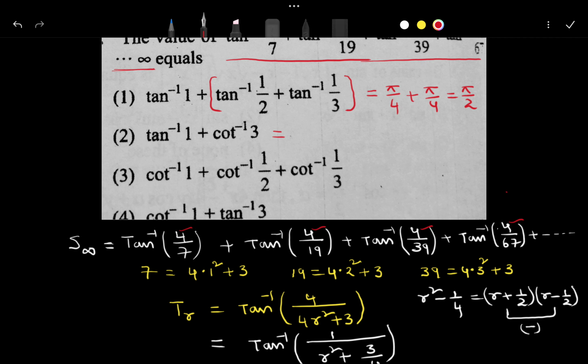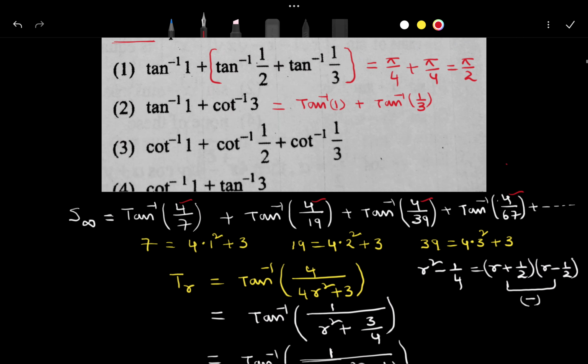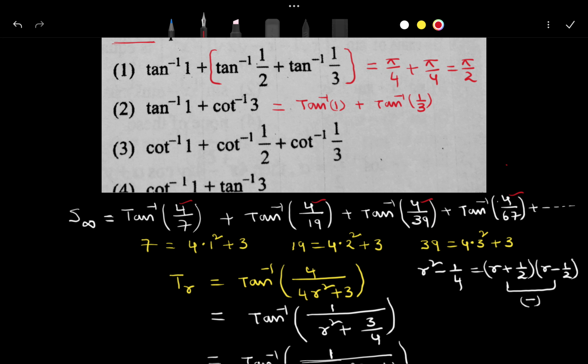And next, see the second one. Here you can write tan inverse 1 plus cot inverse of 3, that is tan inverse 1 plus tan inverse 1/3. Now the formula for tan inverse x plus tan inverse y is tan inverse of (x plus y)/(1 minus xy).